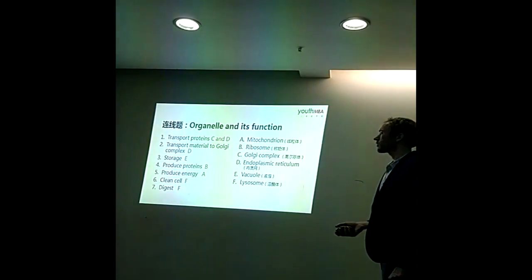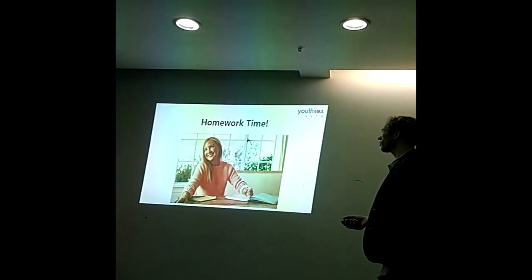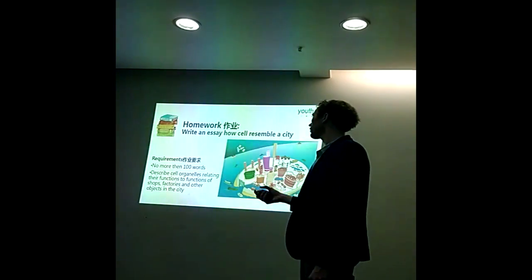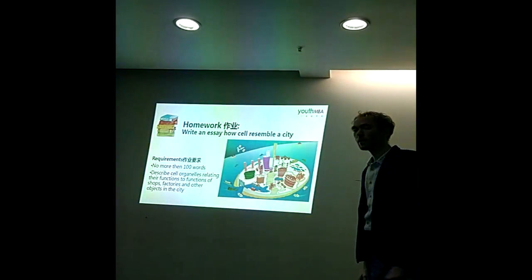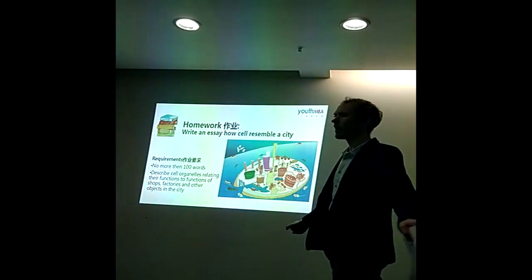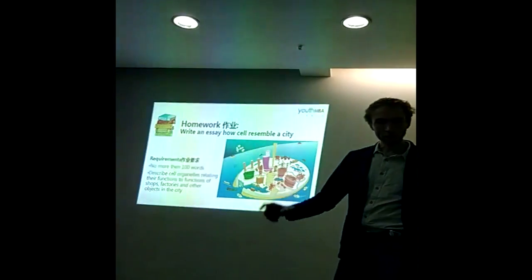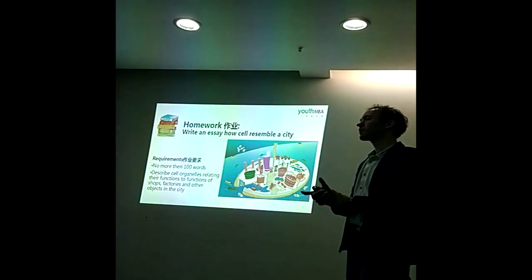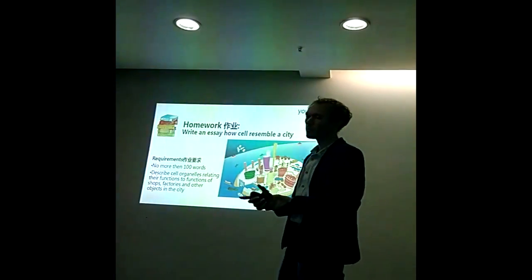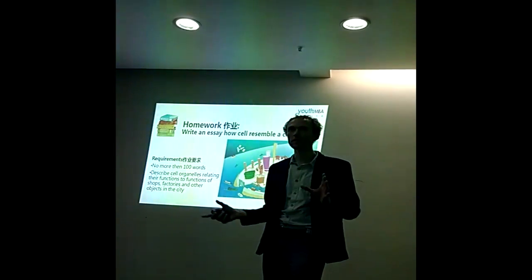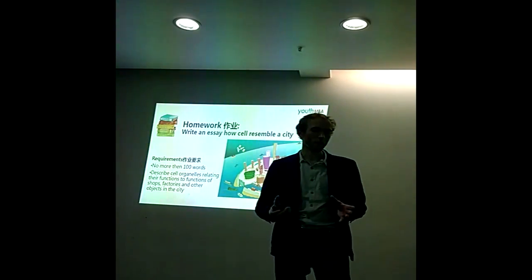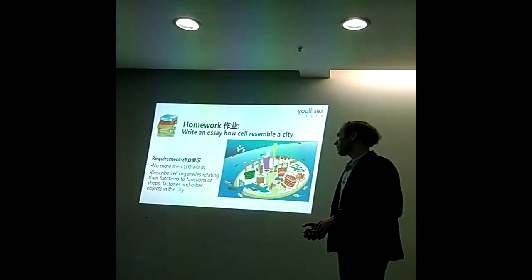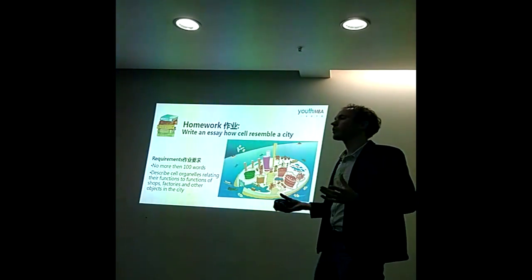Okay. So at the end of the class, I usually give a quiz, and after the quiz, I give homework. So the homework for this class is to write an essay. How do you imagine a cell, and how does a cell resemble a city? How are things happening in the cell similar to the things happening in the city? For example, a factory is producing energy, or some other factory is producing food.